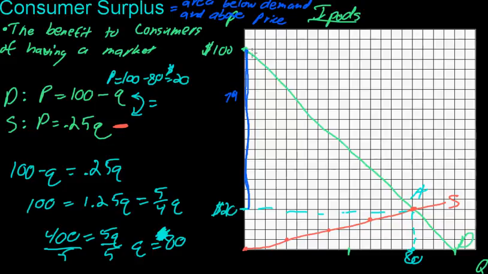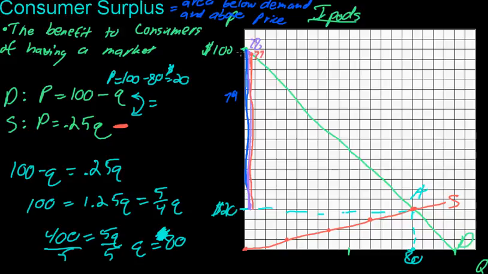Then the next guy right here on the demand line would be willing to pay $98, but he only has to pay $20 also. So he gets a surplus of $78. Then the next guy would be willing to pay $97, and he only has to pay $20. So he gets a surplus of $77.